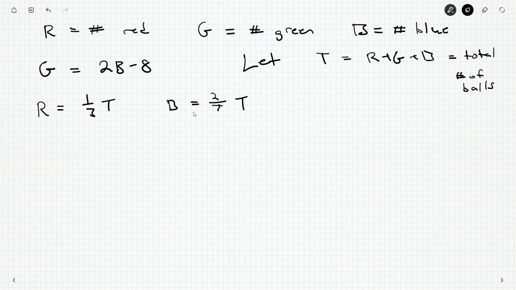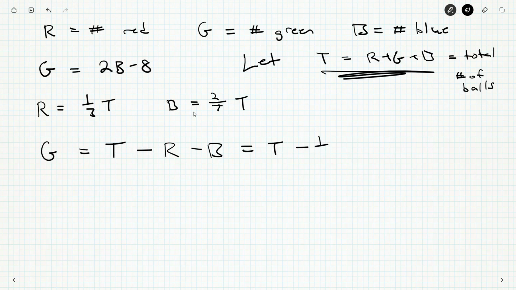And now I can figure out green, because if I rearrange this equation here, green is just what's left over when I take the total and subtract off the number of red and the number of blue. But I can write this purely in terms of T. And now I'm going to get a common denominator.